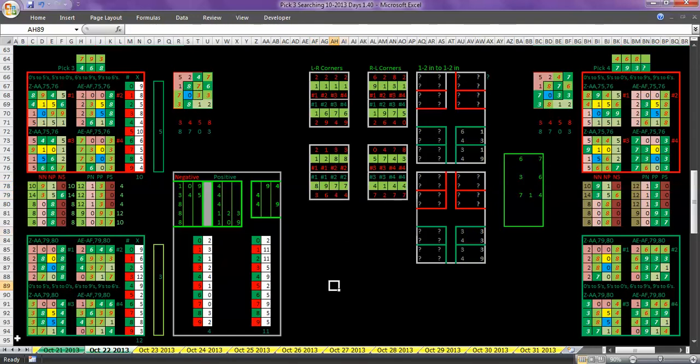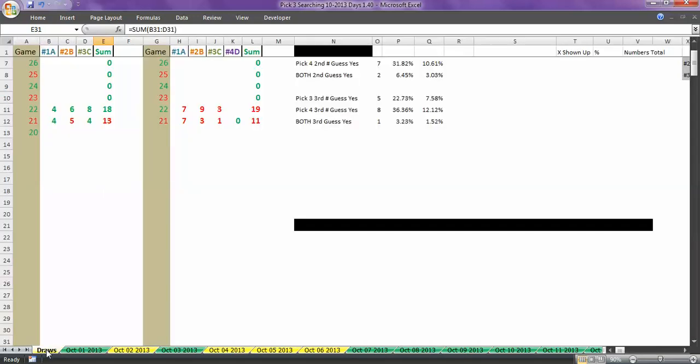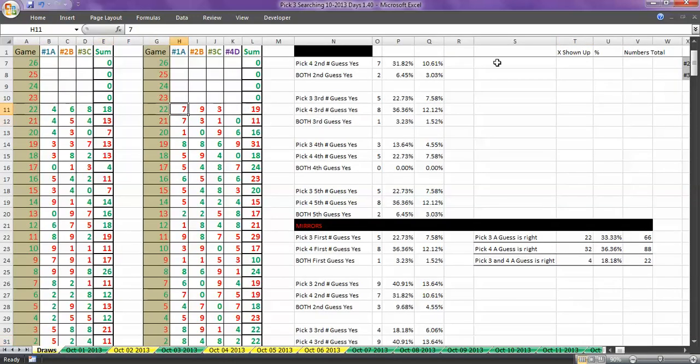Okay. Now what hit on this draw was 6, 4, 9, 8. The pick 3 was 1, 2, 1. Okay, now we've got our numbers that were drawn over here.